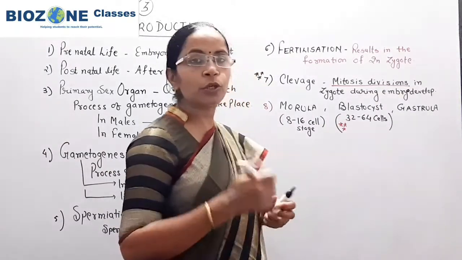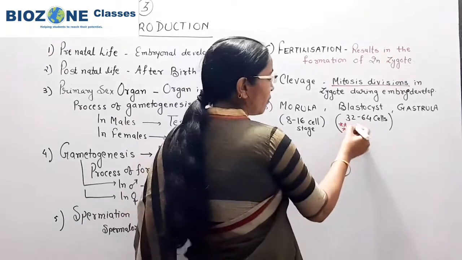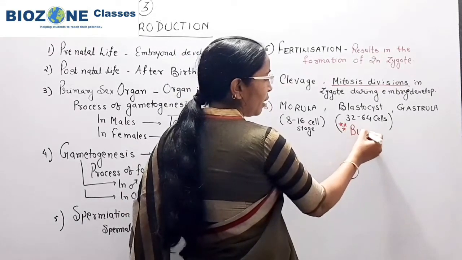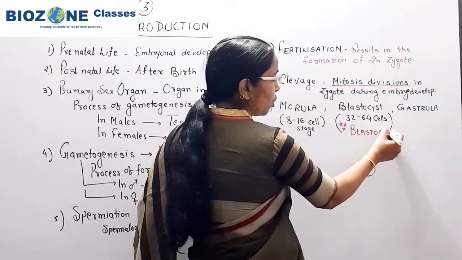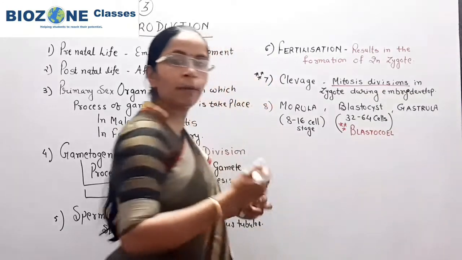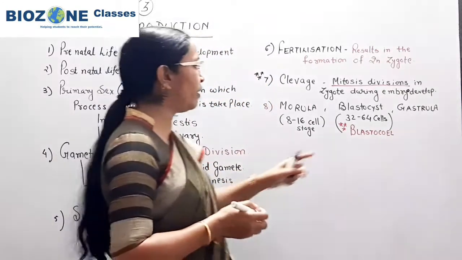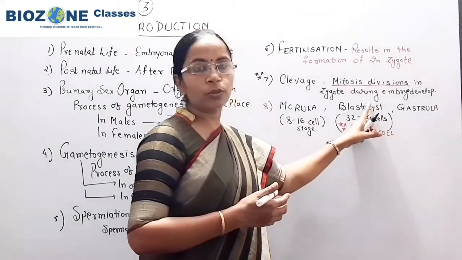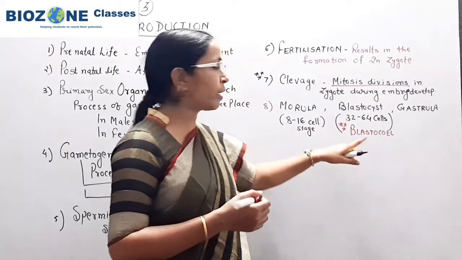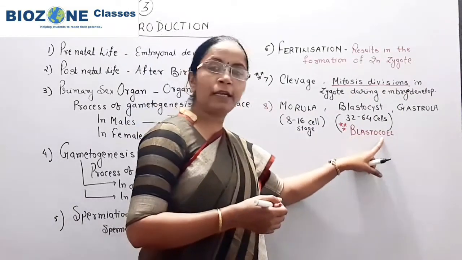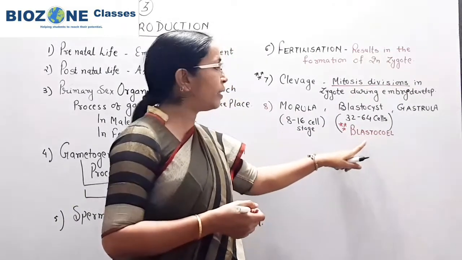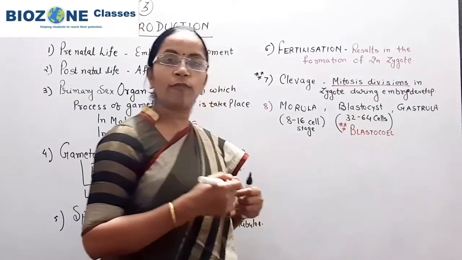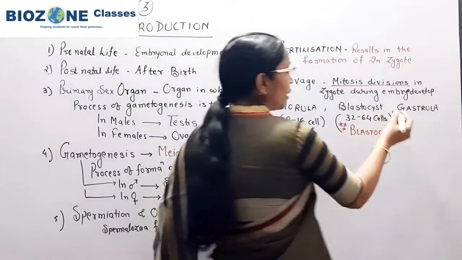And blastocyst, you remember, is characterized by one cavity. That cavity is called blastocoel. This blastocoel is a characteristic cavity present in the developing embryo, at the stage of blastocyst. And then gastrula.